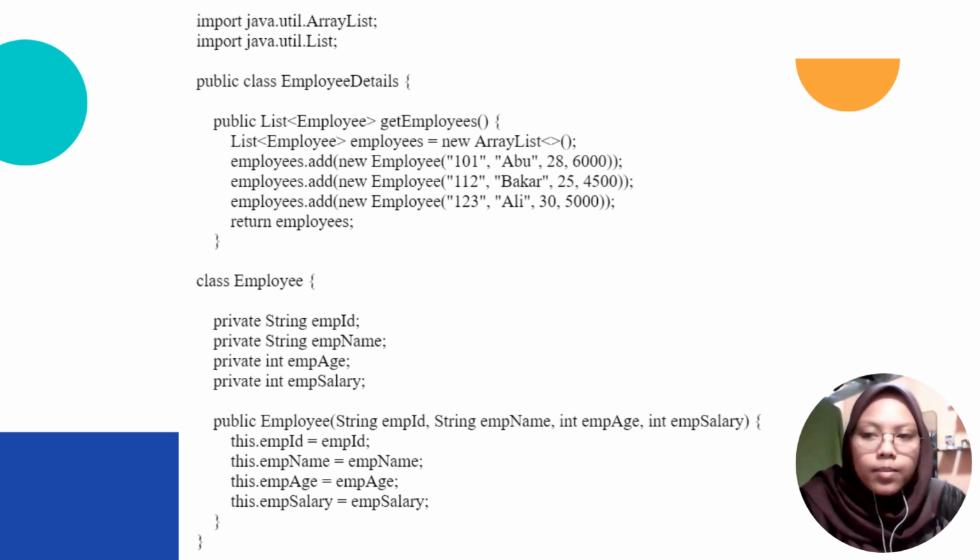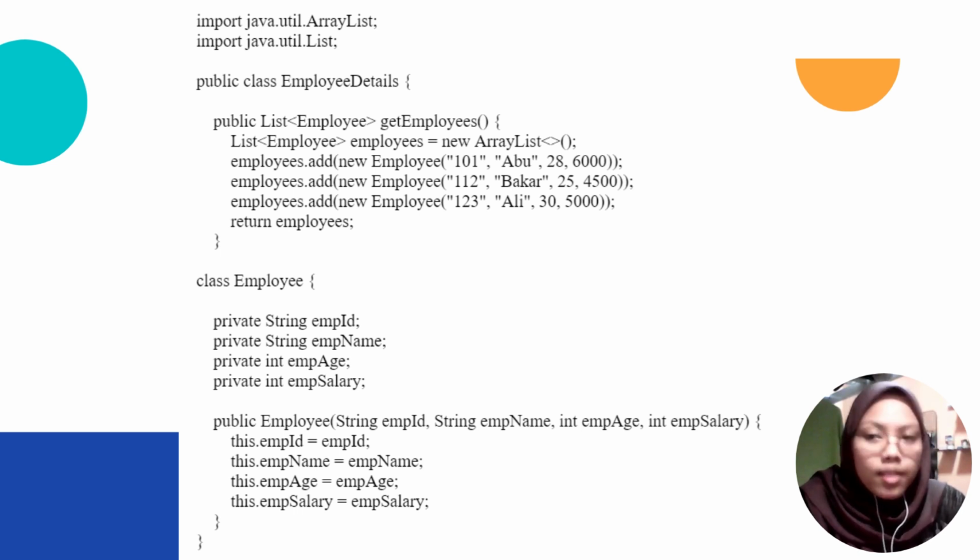As you can see, the implementation of the object in this code is in line number 5 until 8. And as you can see in line number 6, 101 represents the employee ID, Abu represents the employee name, 28 represents the employee age, and 6,000 represents employee salary.